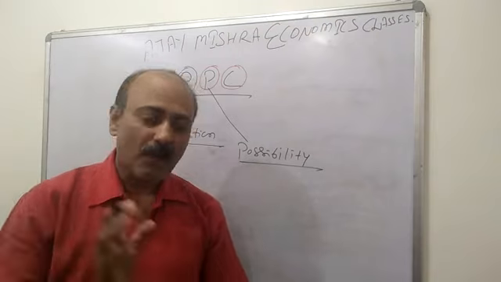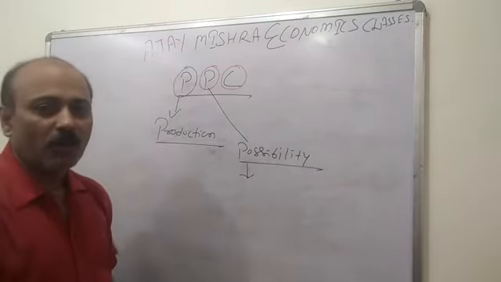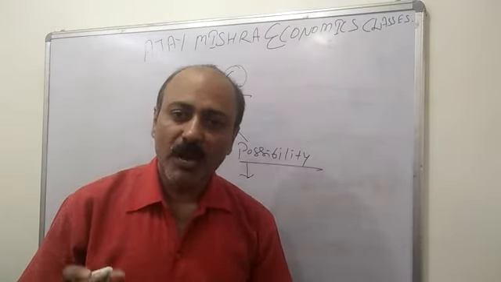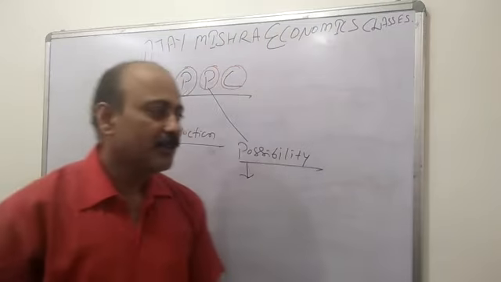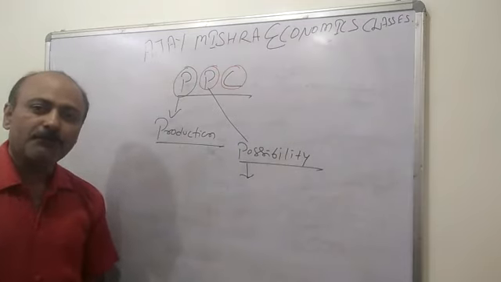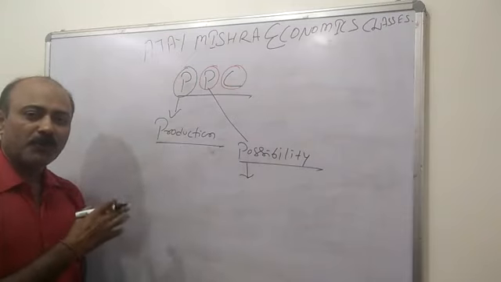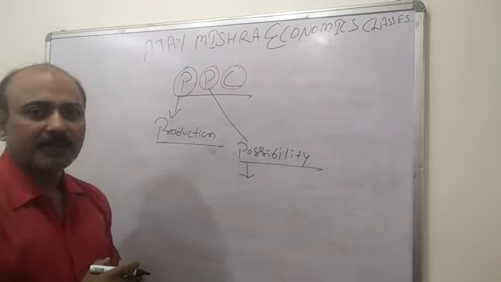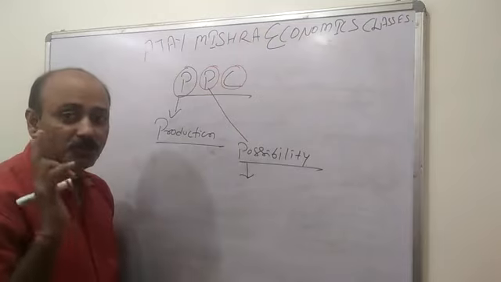And one more thing comes, because you never produce one thing only, you have to produce multiple commodities. But when you have to explain the relationship between the production of multiple commodities and make an analysis, it is very difficult to make a proper analysis with 5, 6, 7, 8 commodities. So we take only 2 commodities.